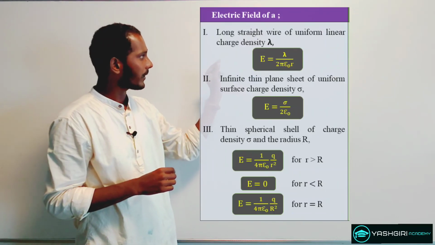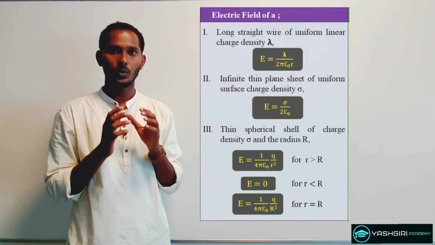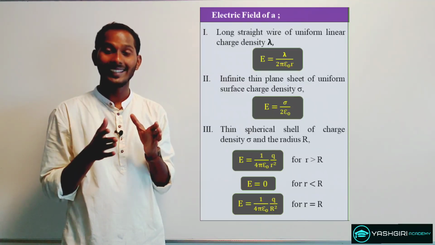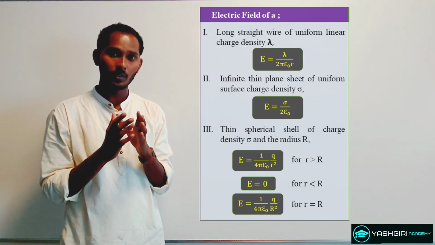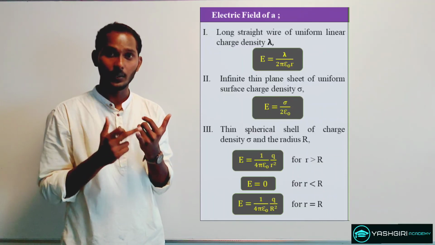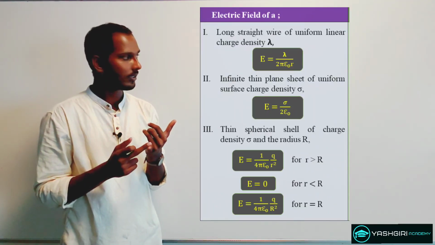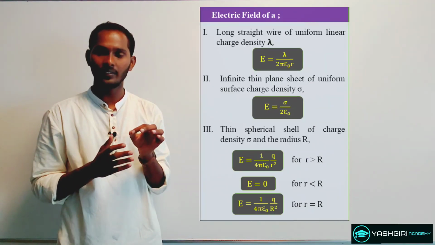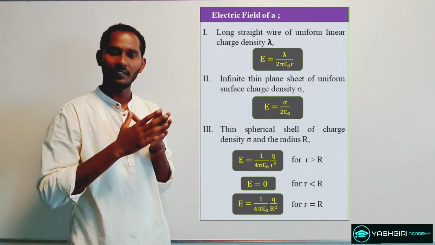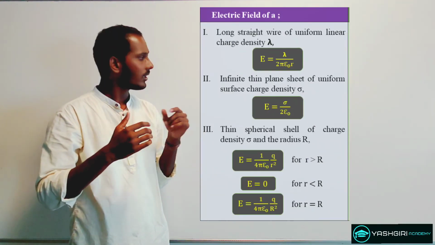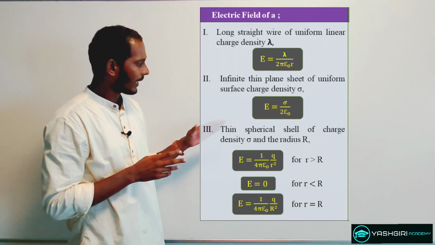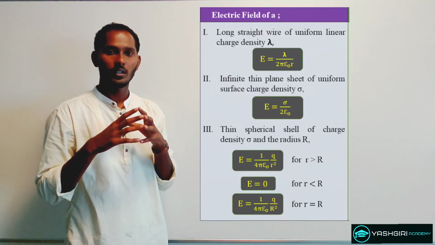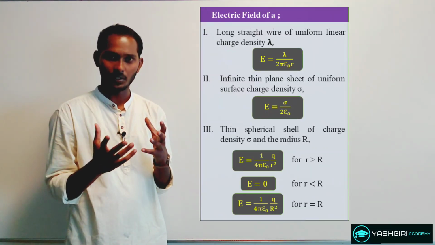Expression 1 gives you the electric field in the space surrounding an infinitely long straight wire having a uniform linear charge density. Expression 2 can be used to calculate the electric field when you have an infinitely large plane sheet. While these expressions are for a uniformly charged thin spherical shell.